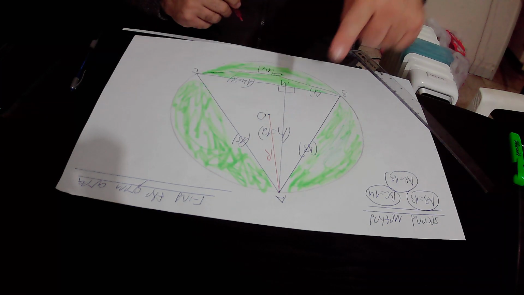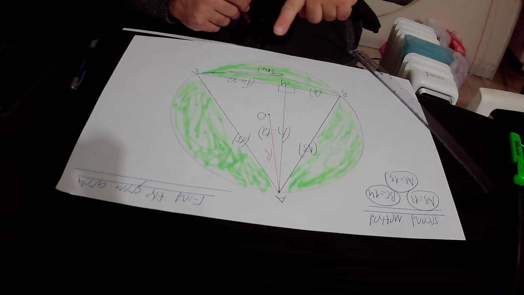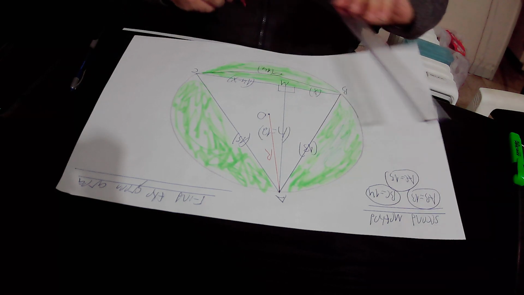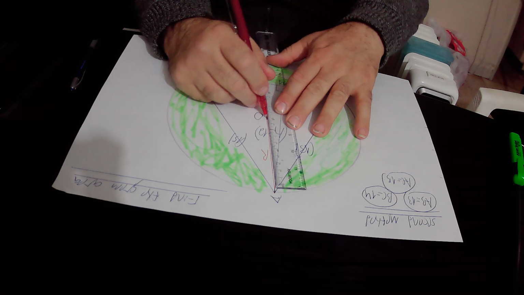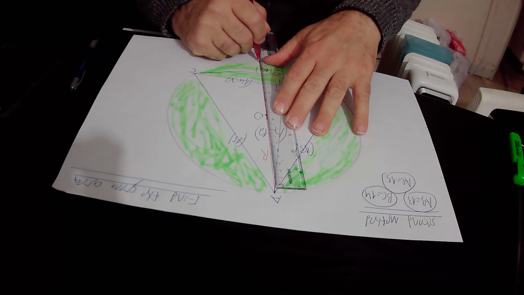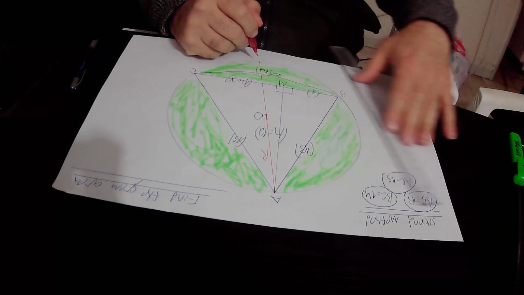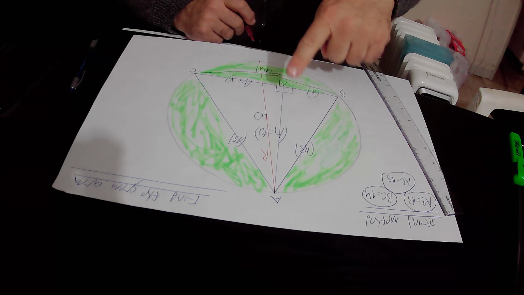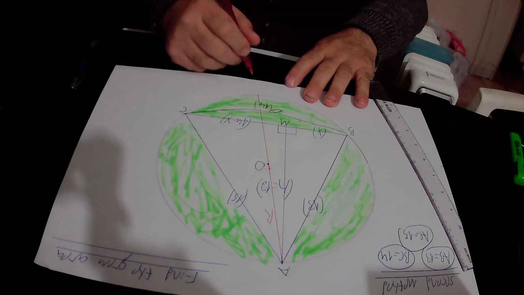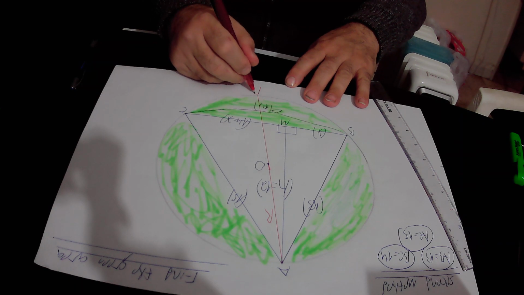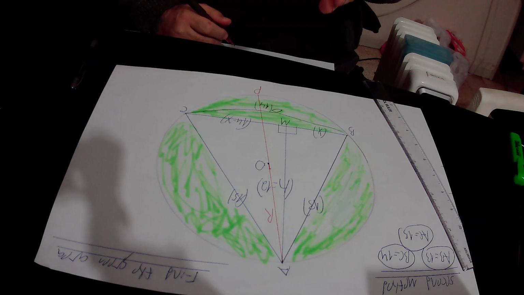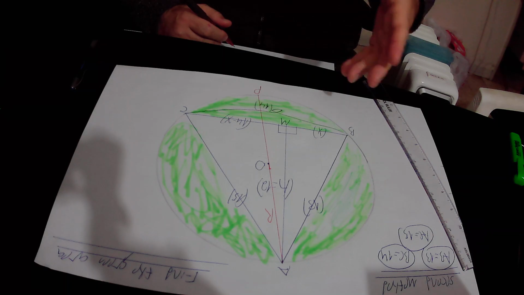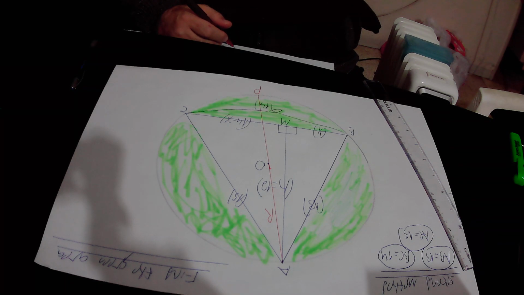We will extend the radius AO by a straight line until it touches the circle. And we define the touching point of the extended radius AO with this circle as P. When we extend a straight line by a straight line, the result is a straight line.